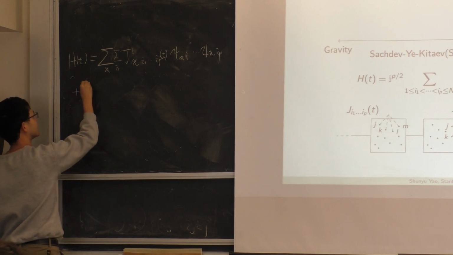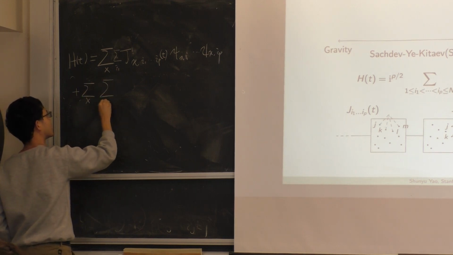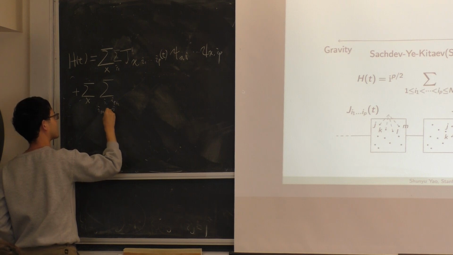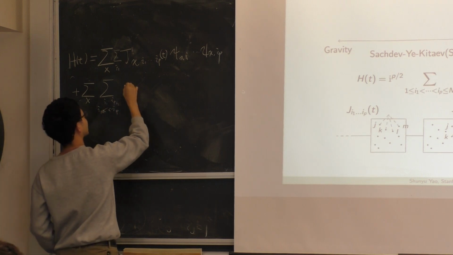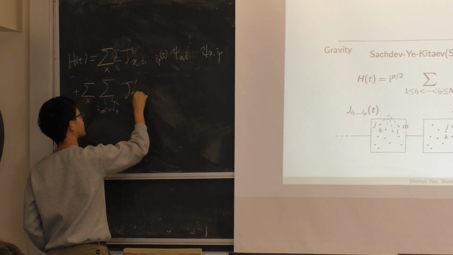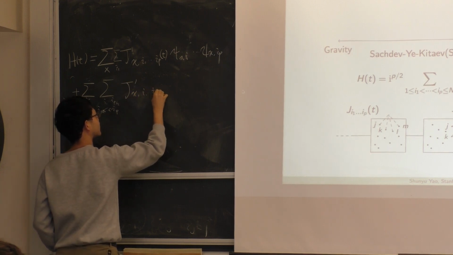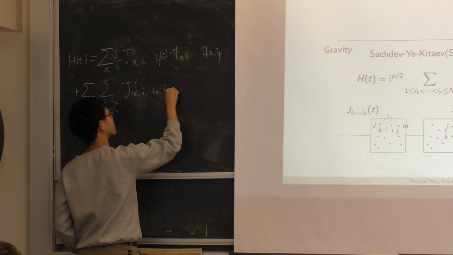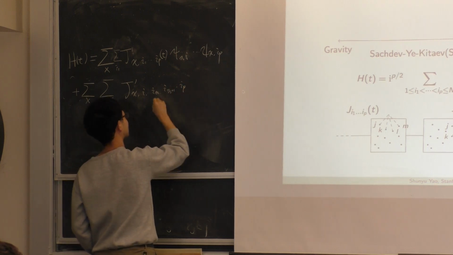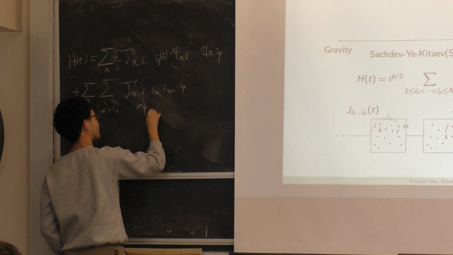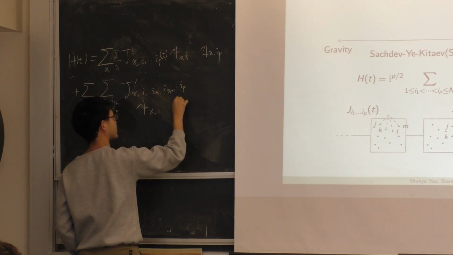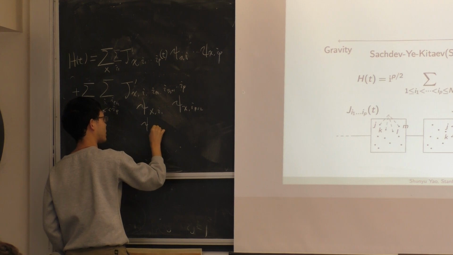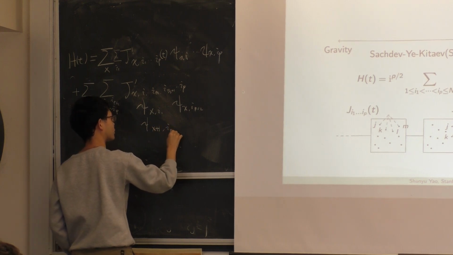Okay, there is a second term: sum over x, sum over i1 through ip over 2, ip over 2 — I should rewrite this — ip, then J prime_x,i1 and so on, times fermions psi_x,i1 and so on, product up to psi_x,ip/2, then times psi_x+1,ip/2+1 and so on.